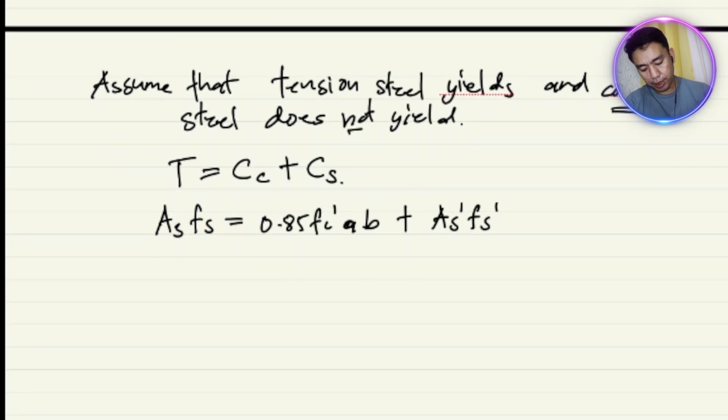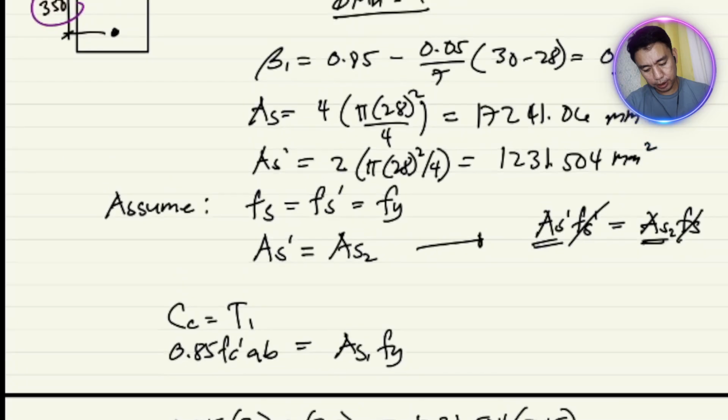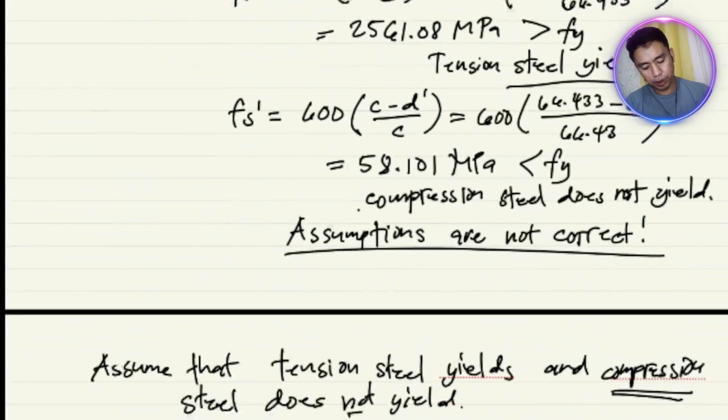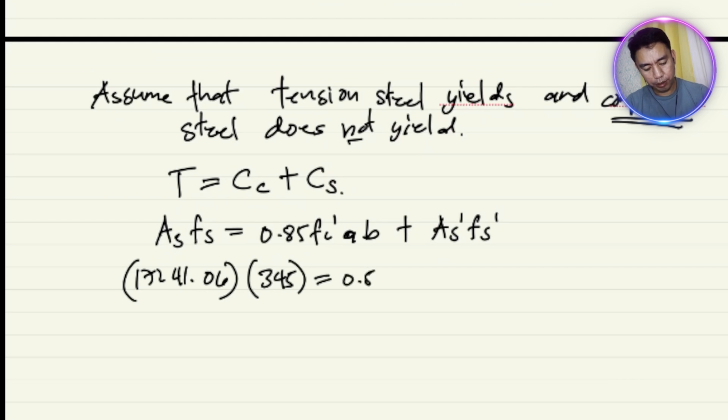So, meron tayong total As, na-compute natin, 17241.06, times ang Fs, ang assumption natin sa baba, nag-yield. So, ang Fs natin dito is 345 equal to 0.85.